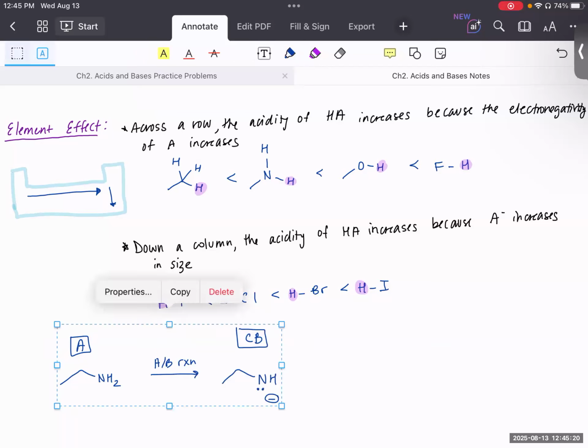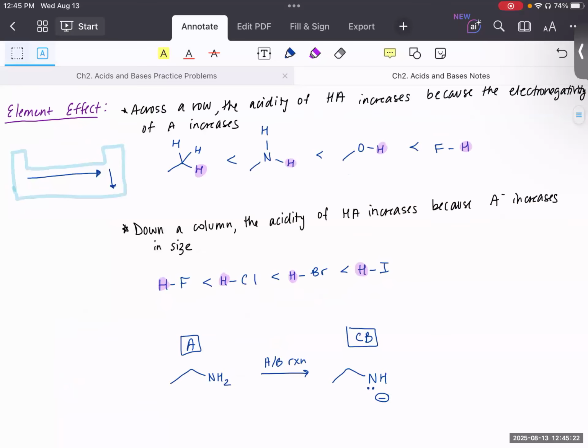And so based off of the element effect, we know that this nitrogen would be more okay with having this negative charge than a carbon would be. And so this conjugate base would be more stable than a base from an acid that has a hydrogen bonded to a carbon.